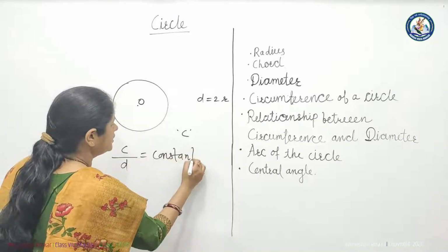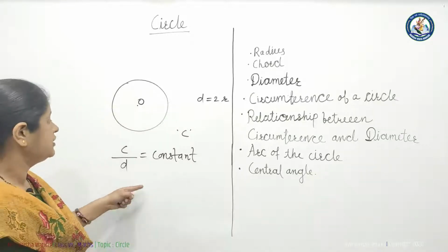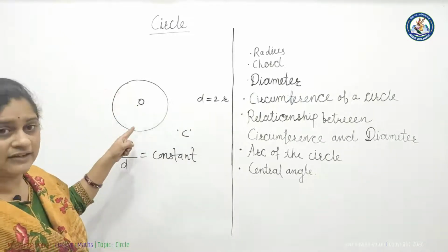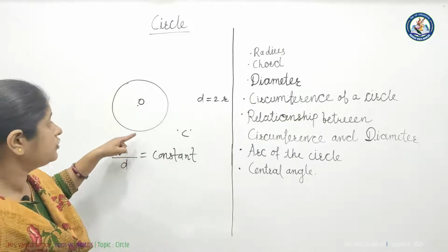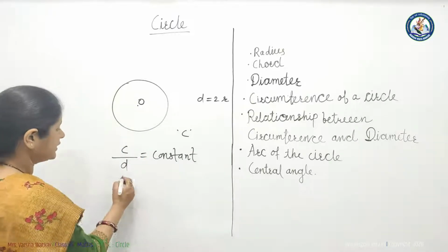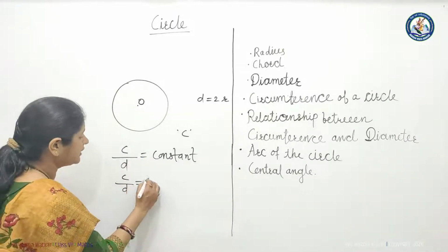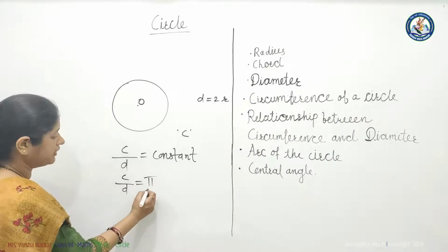This is the relation between circumference of any circle to the diameter of the circle. So the ratio of circumference and diameter is always constant, and this constant is represented by a Greek letter pi. Okay, so C upon D is equal to pi.